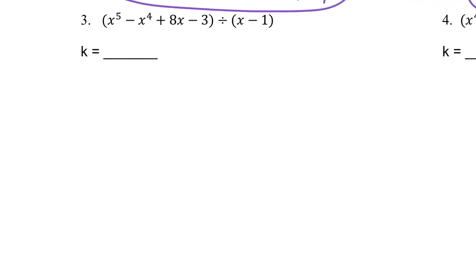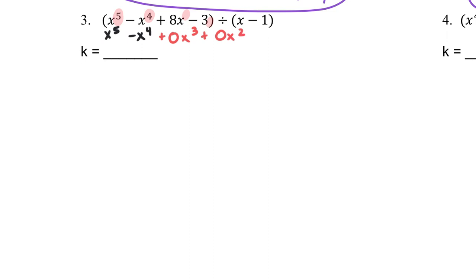And what makes it more challenging is that the exponents are missing something. So if I look, I go 5, 4, 1, and then my constant. So I'm missing some terms here. I have x to the 5th minus x to the 4th, but then what I'm missing is x cubed and x squared.